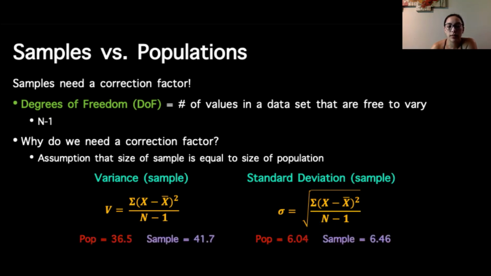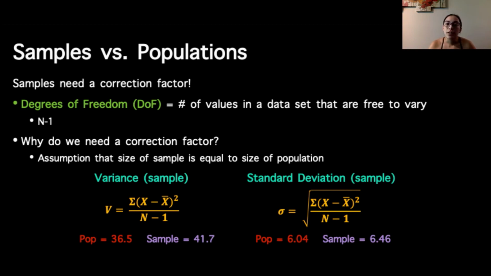Now we can look at the difference between what we would calculate. Using the population formulas in the previous slides, we had 36.5 as our variance and 6.04 as our standard deviation. In our sample calculations, if you go back through and you run all of those and divide by n minus 1 instead of just n, you'll notice that the sample variance is 41.7 and the sample standard deviation is 6.46, meaning we have a greater amount of variability because we are assuming that we haven't collected everyone in our population.